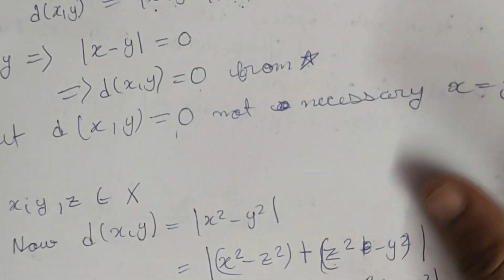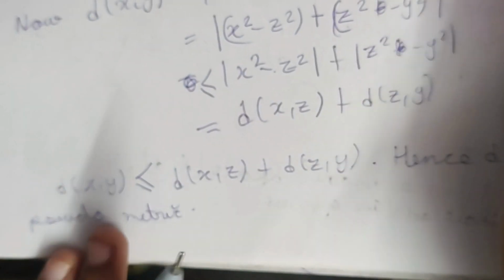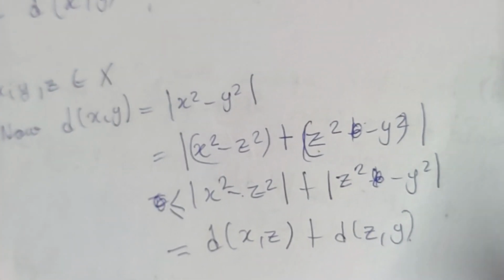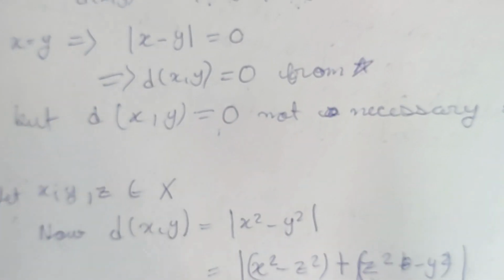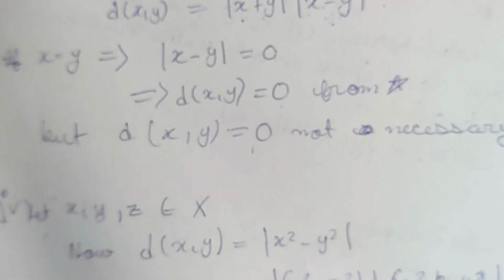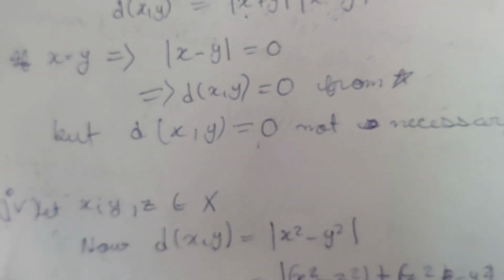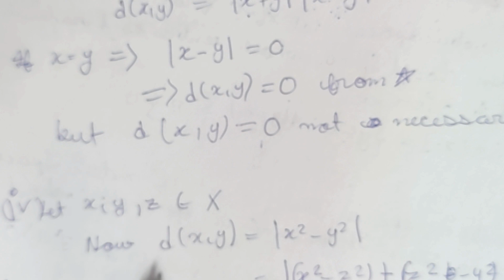Now the fourth property. Let x, y, z belong to X. Now d(x,y) equals modulus of x squared minus y squared. We add and subtract z squared.